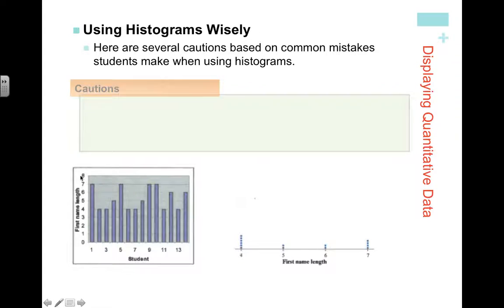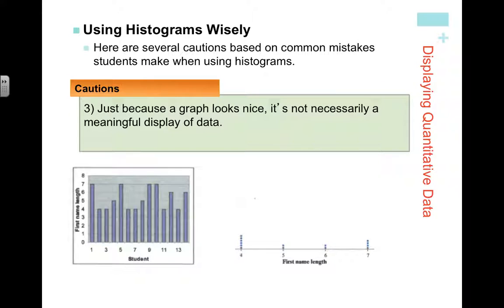And then finally, just because a graph looks nice, it's not necessarily a meaningful display. So here are students in a small statistics class. They recorded the number of letters in their first names. One student entered the data into a spreadsheet, and it's a bar graph.